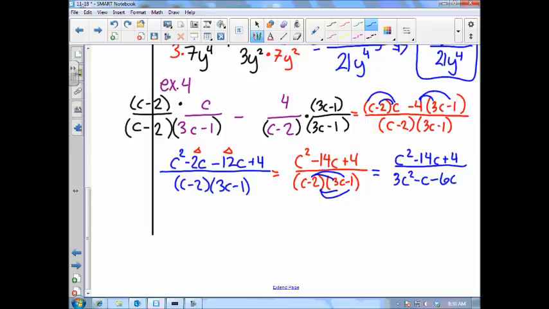And negative 2 times negative 1 is positive 2. But we have like terms in the middle. What do those two become? 7c. So I'm going to be lazy and just erase it. Negative 7c. And that was our squared. There we go.